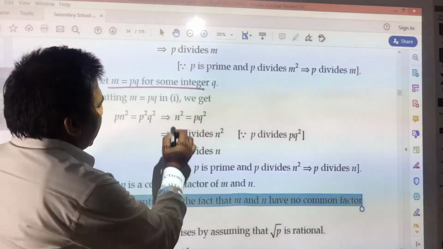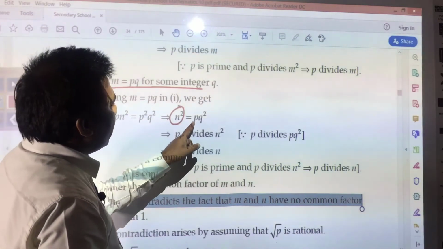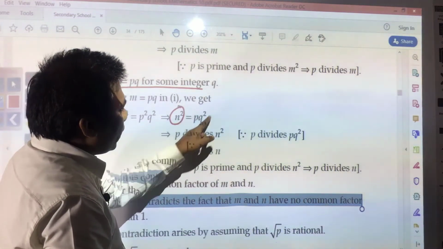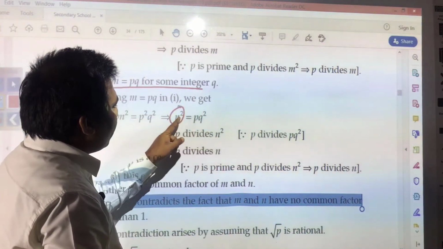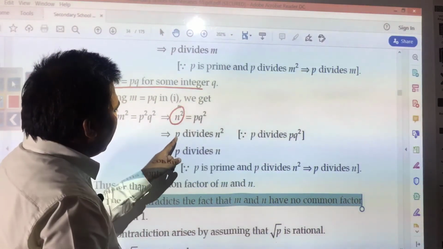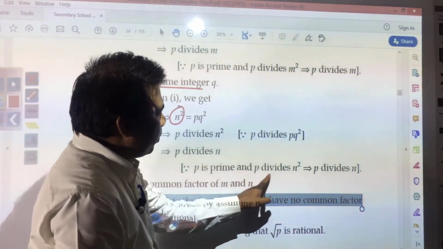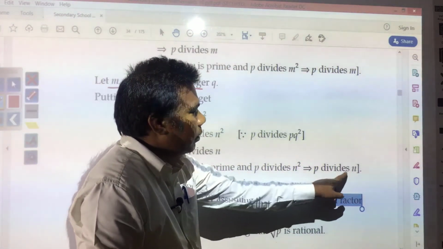In this case again, n square is a composite number and p and q square are factors. So, p will divide n square, and since p is prime and p divides n square, that implies p divides n.